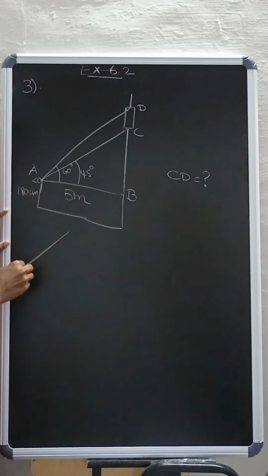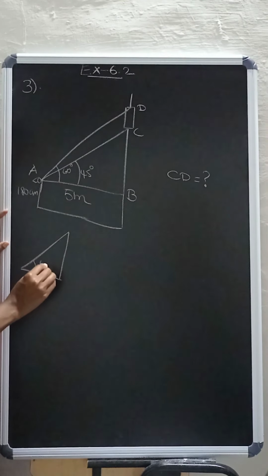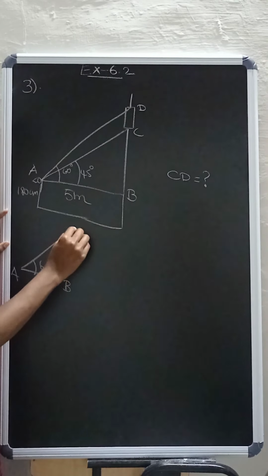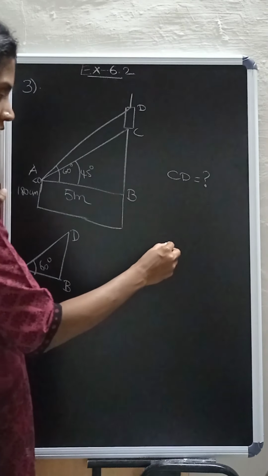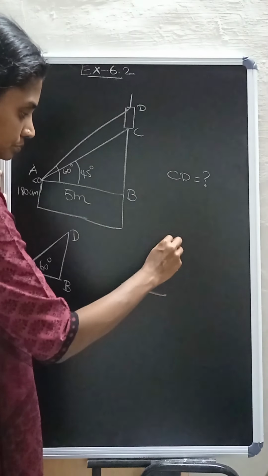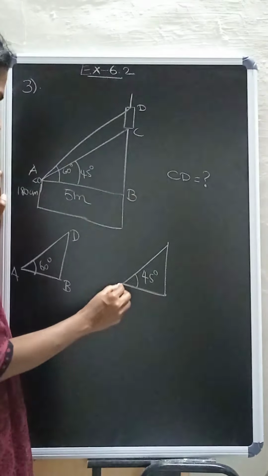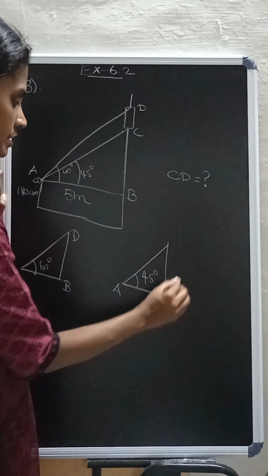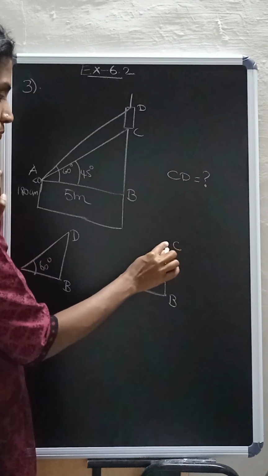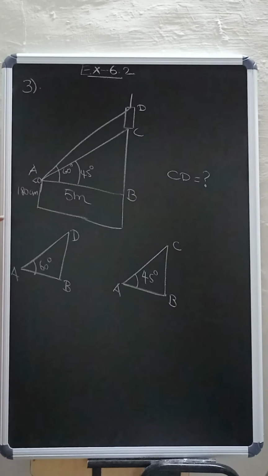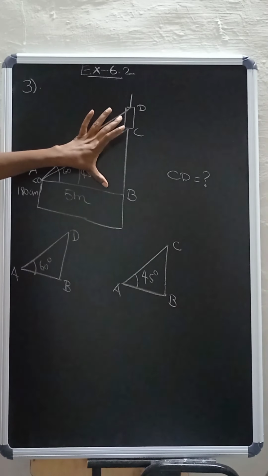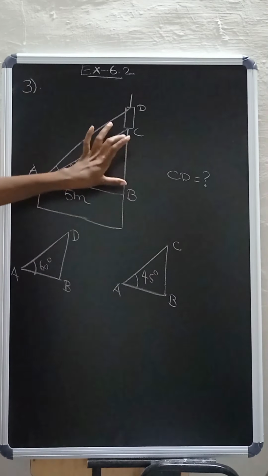Now take it as two separate triangles. 60 degrees. So A, B, D. Next triangle, 45 degrees. A, B, C. Now see, we need to find the length of BD and length of BC.